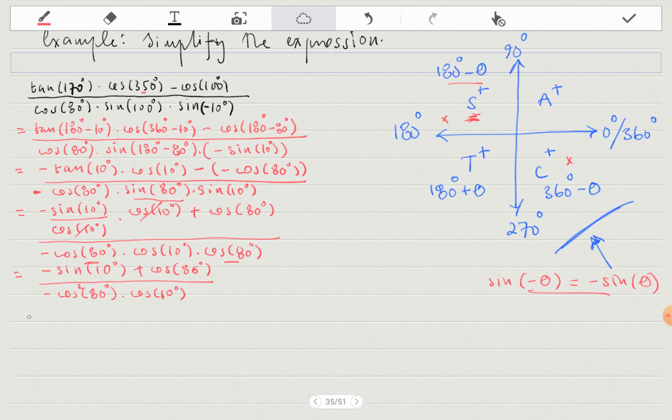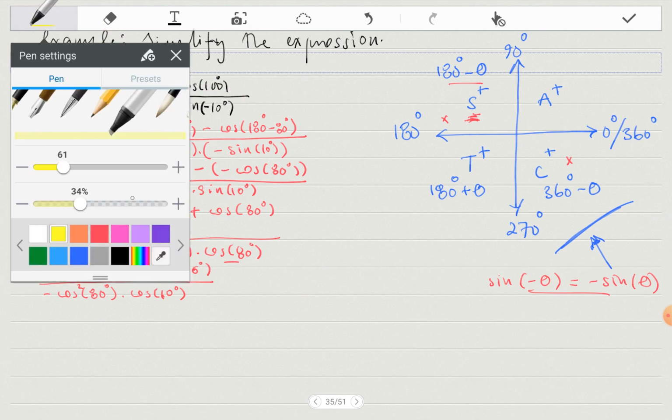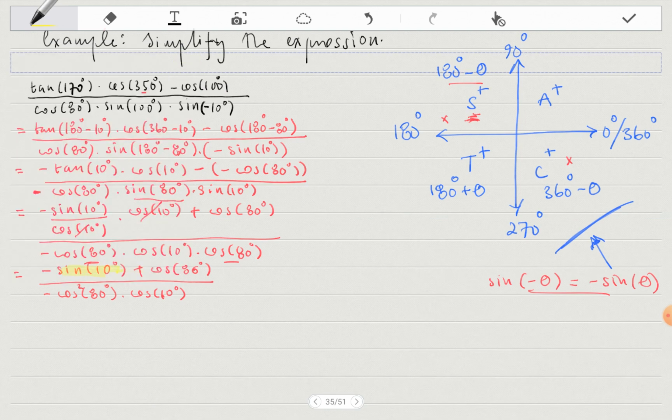On the top we've got sine and cos, and these two are co-ratios.